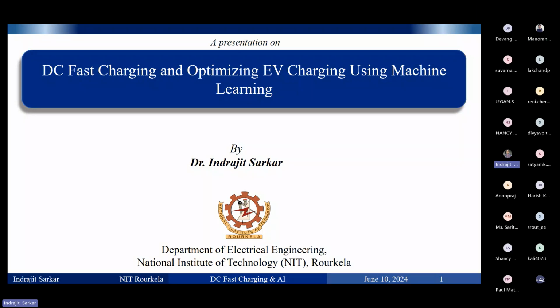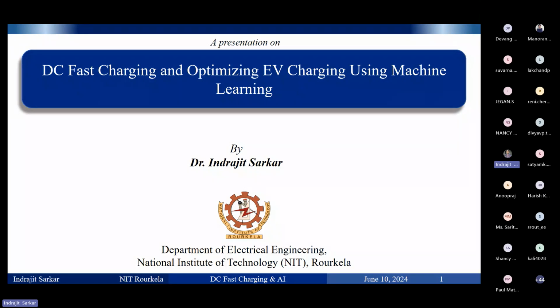Okay, so today's topic is on DC fast charging and optimization of EV charging using machine learning. Now, today's world is moving towards EVs. One of the major reasons that we are moving toward EV is not just to cut down the carbon emission.